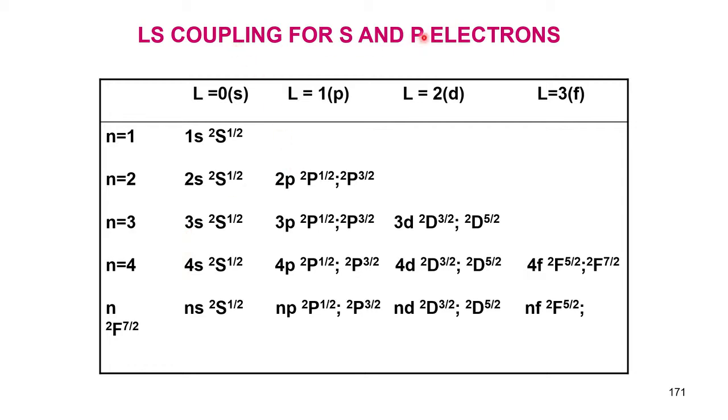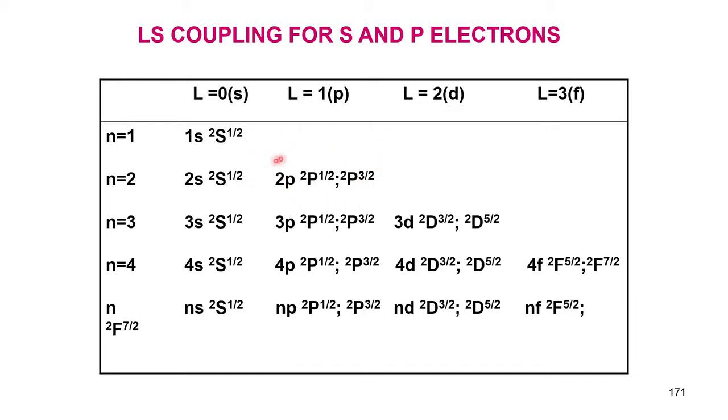So, LS coupling for S and P electrons. N is 1, L is 0. For N equal to 2, we have 2s 1 by 2 and 2p 1 by 2, 2p 3 by 2.